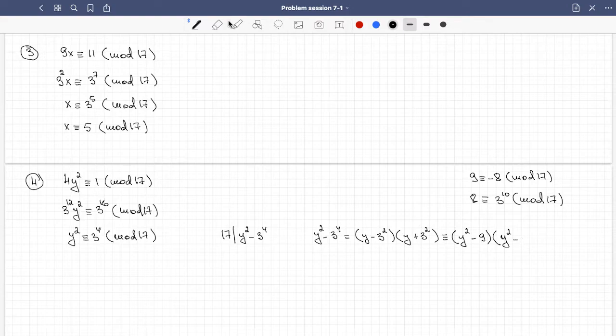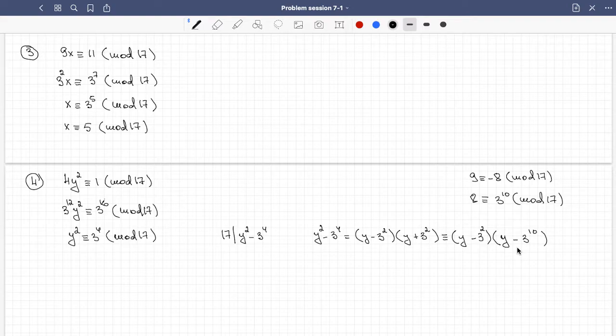Oh, sorry. I wanted to write that as 3 squared and that as 3 to the 10. Oh, and of course, I'm very sorry. It's not squared already. It was squared here, but now these are not squared, just y's.